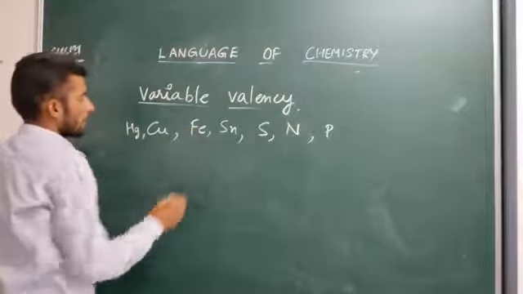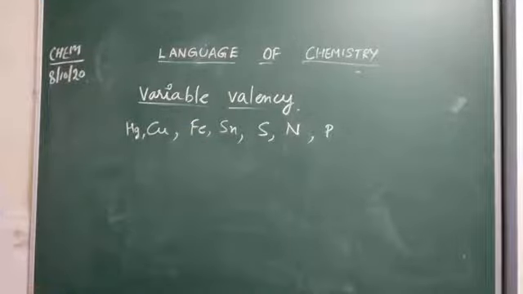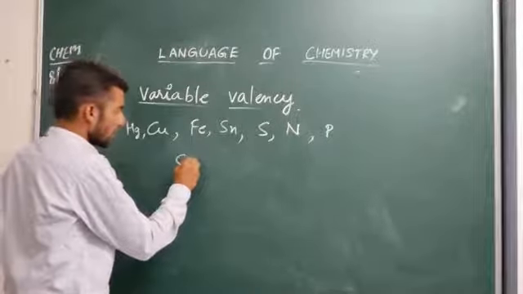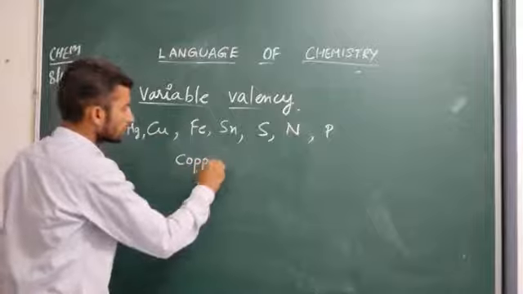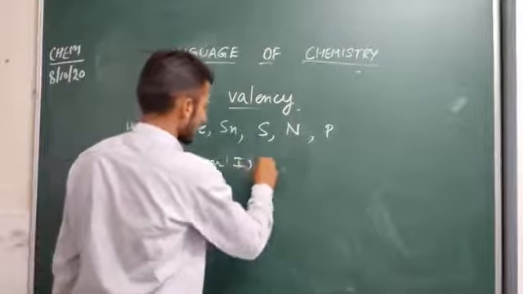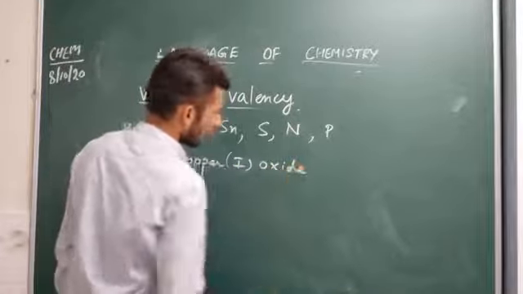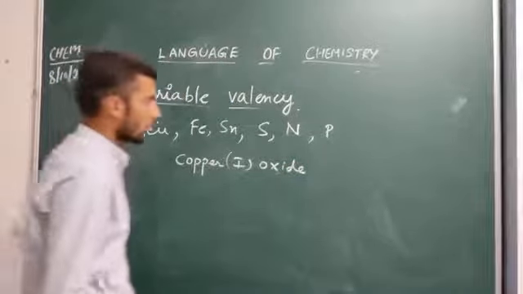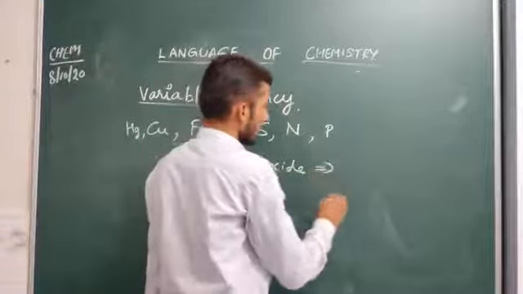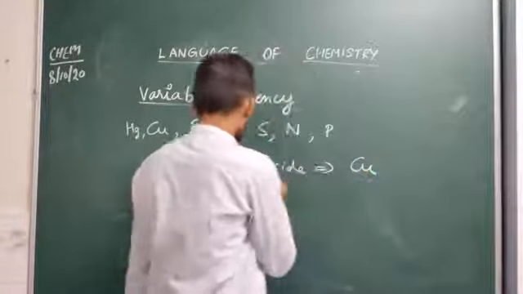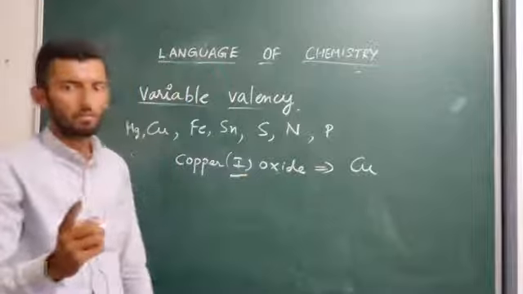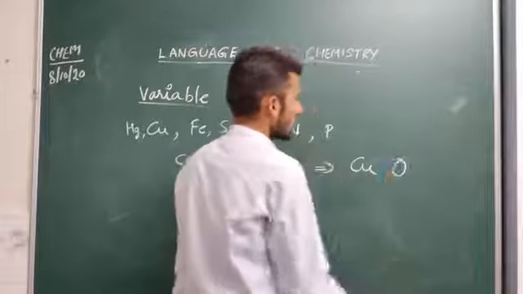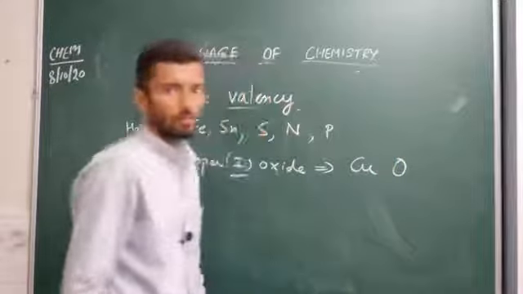Now, how do we write the chemical formulas of such compounds? That you need to see here. Like copper 1 oxide. If copper 1 oxide is given, how do you derive its formula? Copper 1 here refers to valency 1, and oxide, always keep in mind, is the radical for oxygen.